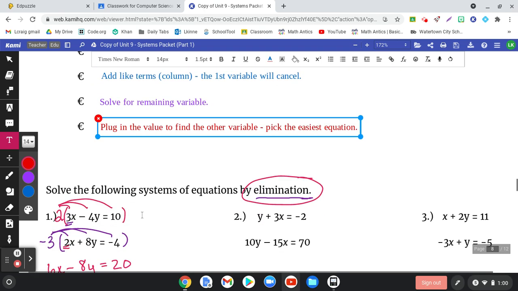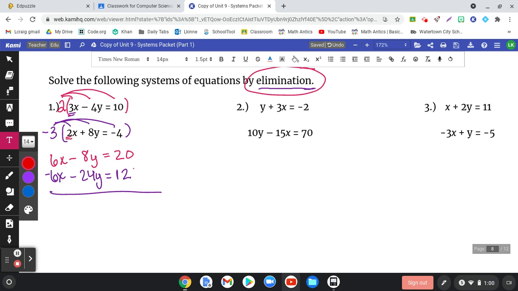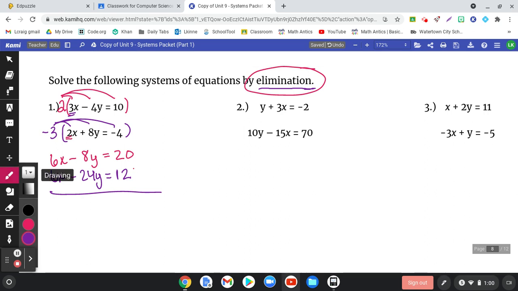So let's go back to our steps. So we multiply, everything's lined up. You multiply the top by the lead coefficient in the bottom, which was 2. We multiplied the bottom by the opposite of the lead coefficient. Opposite of 3 is -3. And we distributed through everything.